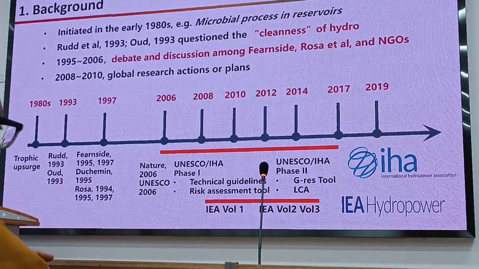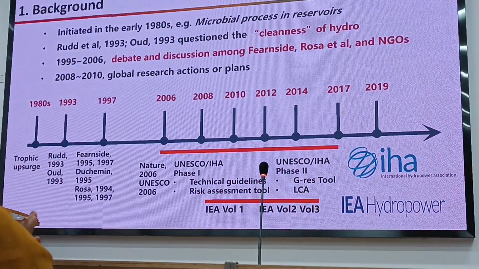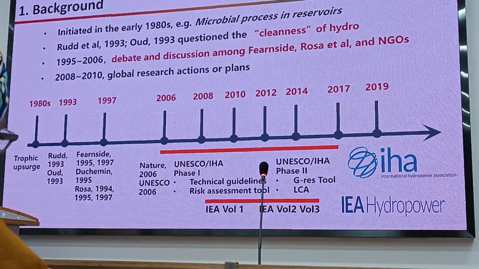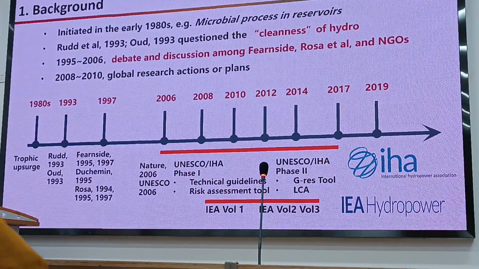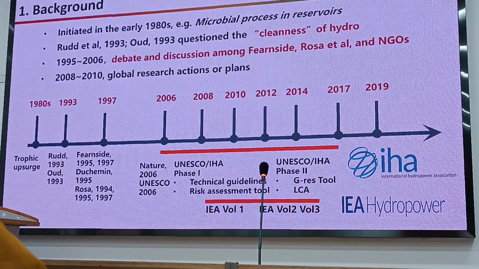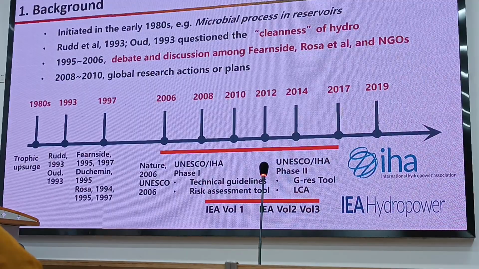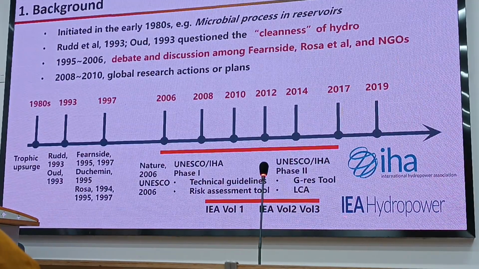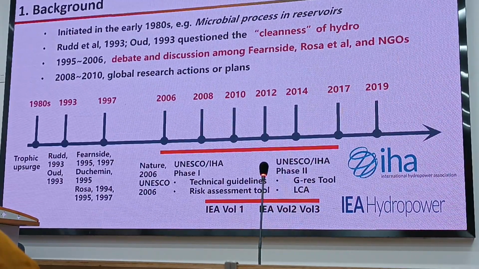And in 2006, the UNESCO Congress in Paris initiated a research program with the International Hydropower Association, and there are two phases. One phase is technical guidelines and risk assessment tools for evaluation of the greenhouse gas emission potential. The second phase is evaluation of the net effect and the life cycle assessment. And also IEA and IPCC initiated different types of research programs internationally.